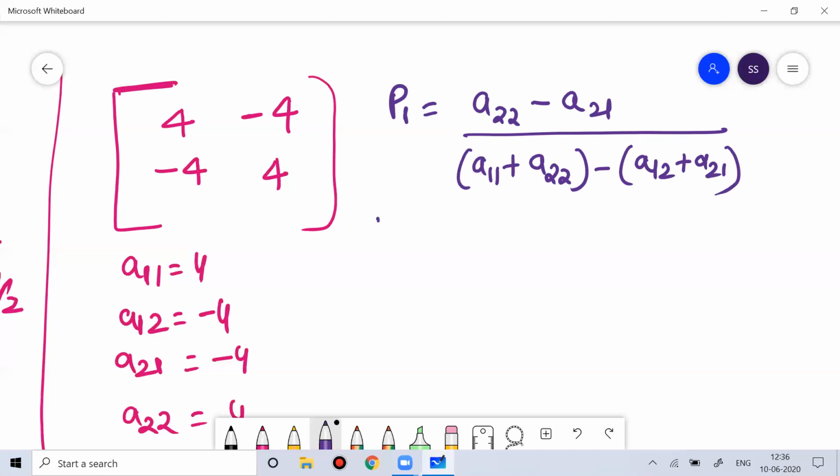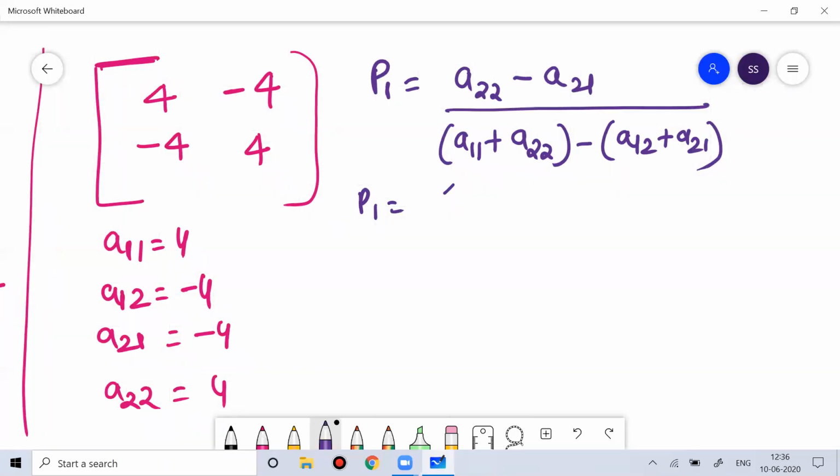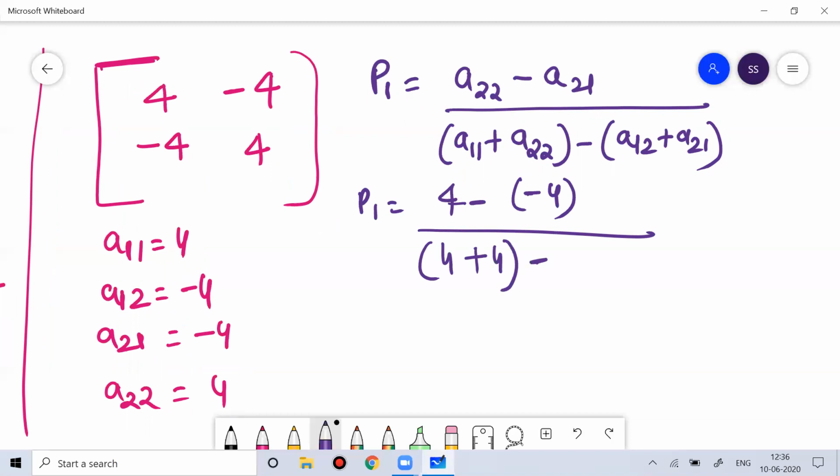So the value of P1 is equal to 4 minus of minus 4, divided by 4 plus 4 minus of minus 4 minus 4. So this is 8 divided by 8 minus of minus 8.